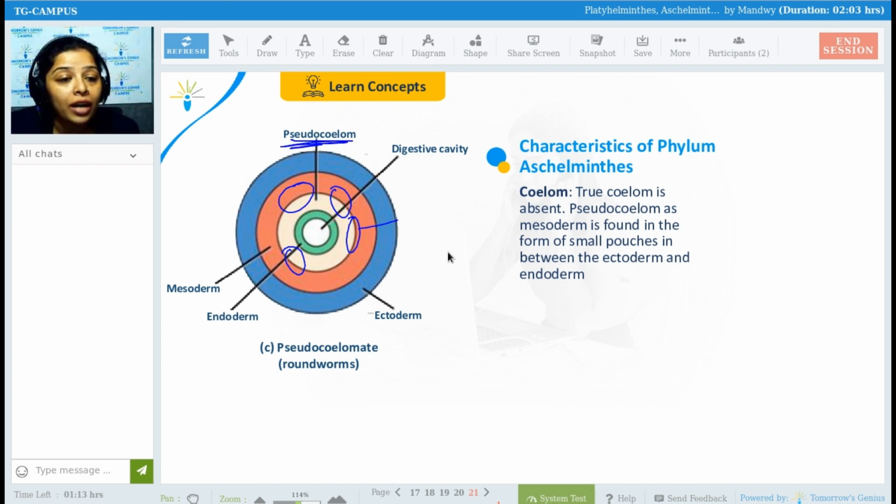These pouches are actually present between the ectoderm and endoderm, somewhere around here, right? So this is the only phylum that is pseudocoelomate. Okay, either the phylum will be acoelomate or coelomate, but this is the only phylum that is pseudocoelomate. Okay.